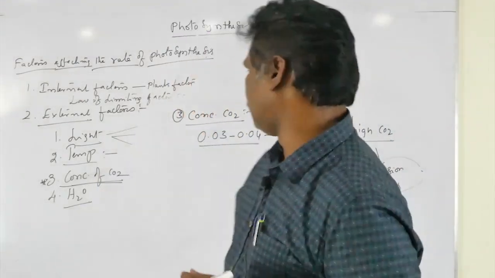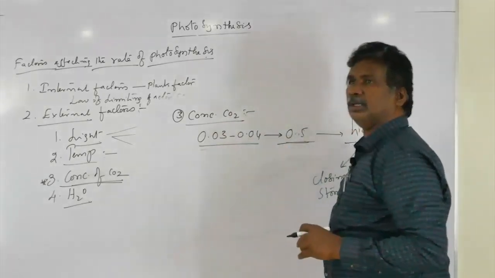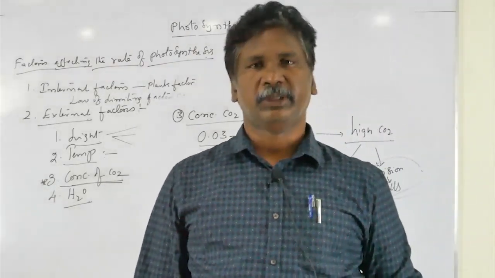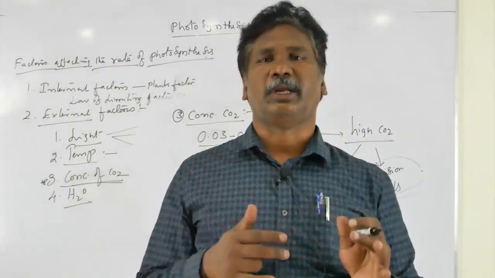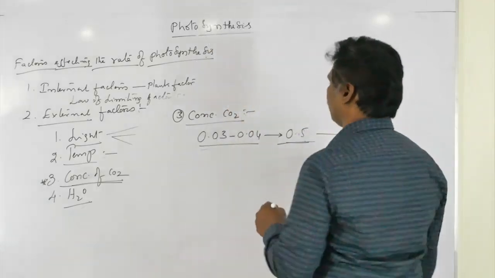But the influence of CO2 on photosynthesis varies in C3 and C4 plants. You know the CO2 compensation point.